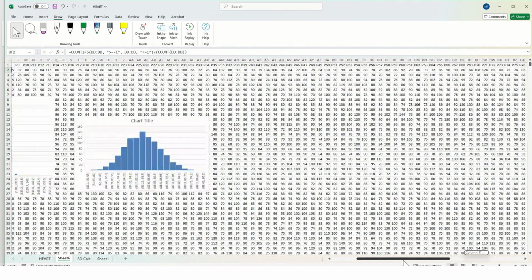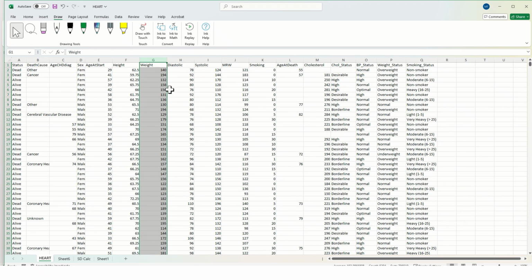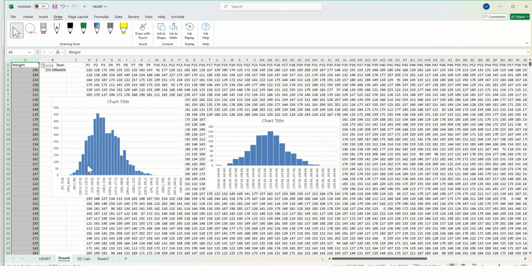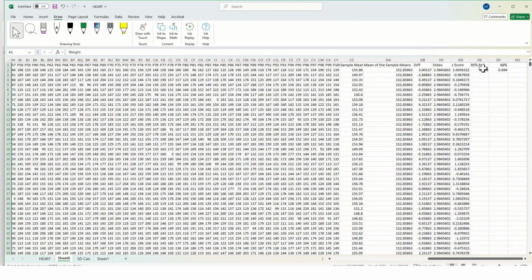Now if we keep replacing all these values with any other variable, maybe weight, as we previously saw, although the population is quite normally distributed in this case, the sample means are very normally distributed. The values within 2 standard deviations are almost 95% of them, and the values within 1 standard deviation are almost 68% of them.